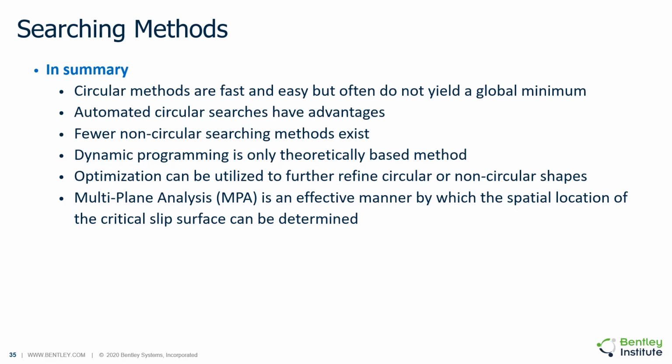There are fewer non-circular search methods in the software, but they remain powerful in determining reasonable non-circular slip surfaces. Dynamic programming is the only theoretically based searching method in the software and is a powerful method. And lastly, optimization can be used to further refine circular or non-circular shapes.